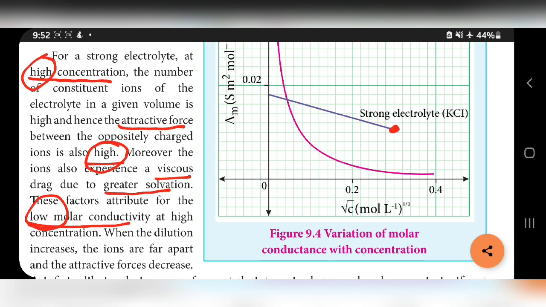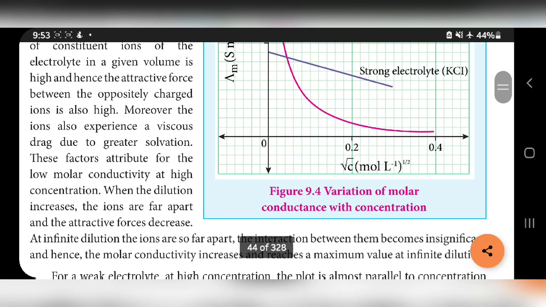Because attraction is more, ions cannot move freely, so molar conductivity is low at a high concentration. When dilution increases, attractive forces decrease, and molar conductivity increases.